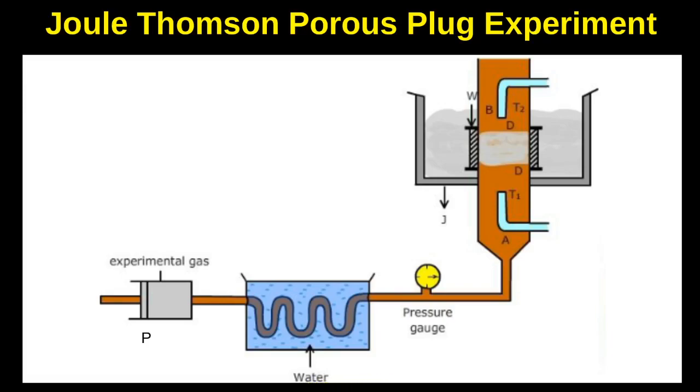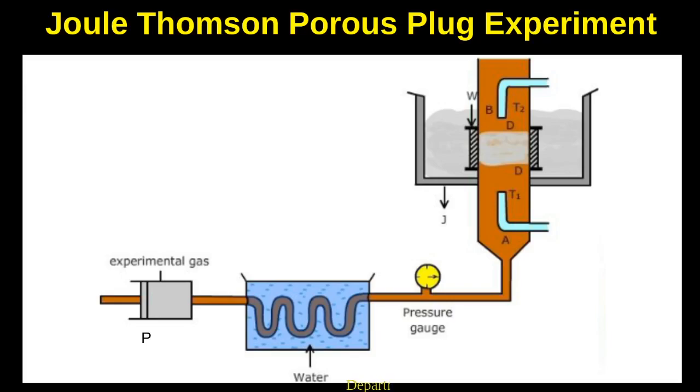It was found that the cooling effect decreased with the increase of initial temperature and becomes zero at a certain temperature, and at a temperature higher than this, instead of cooling, heating was observed.